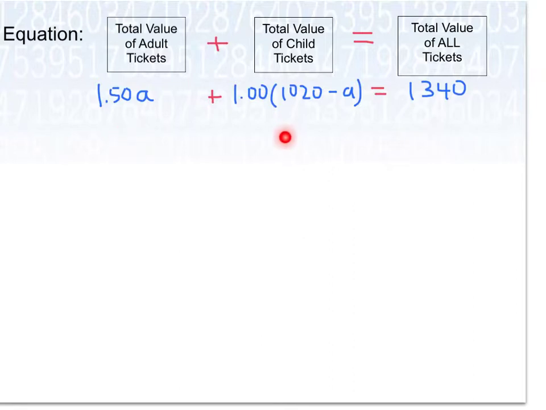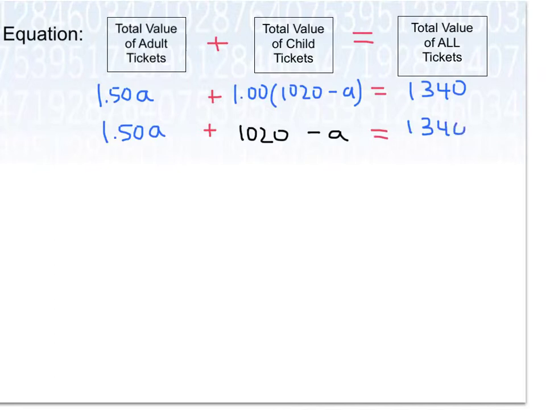The first thing in the equation solving strategy tells us to get rid of parentheses by using the distributive property. $1 times 1,020 will give me $1,020. $1 times negative A will give me negative A. I'm going to rewrite the plus sign that was already there, as well as the $1.50 multiplied by A.